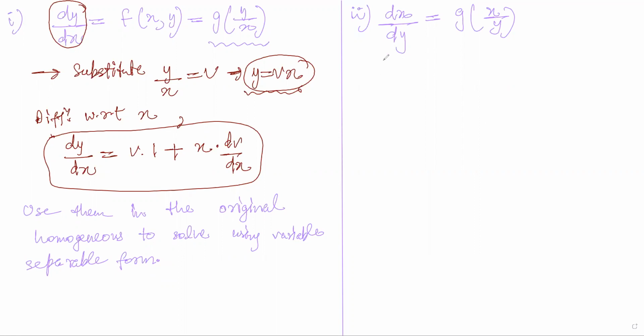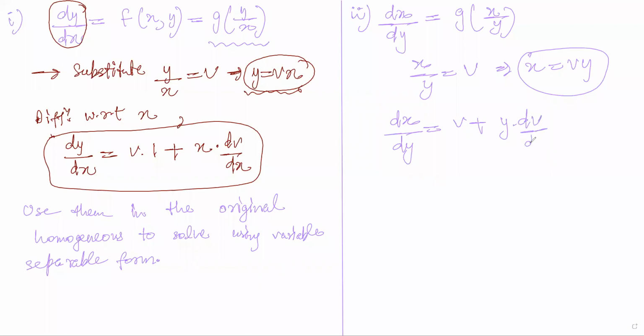In this case also, you have to apply the same things. You just have to replace y by x with x by y. So in this case, x by y would be v, meaning x would be vy. So this is one important substitution. Then you have to differentiate it with respect to y. In that case, this becomes dx by dy equals v plus y into dv by dy.